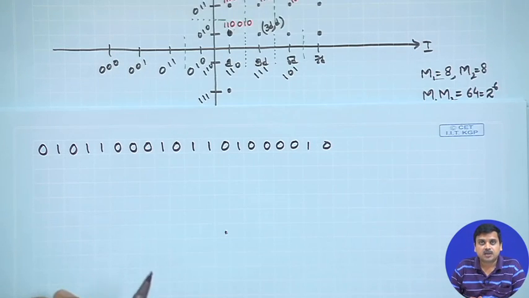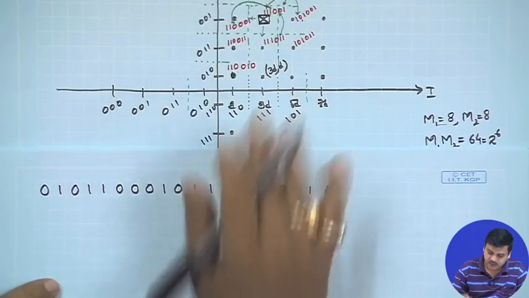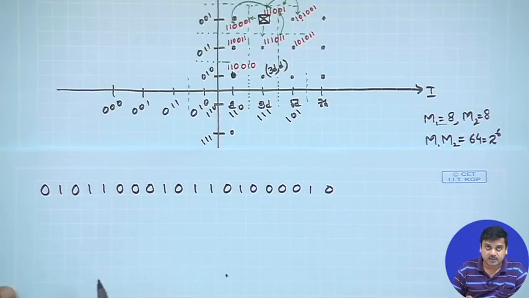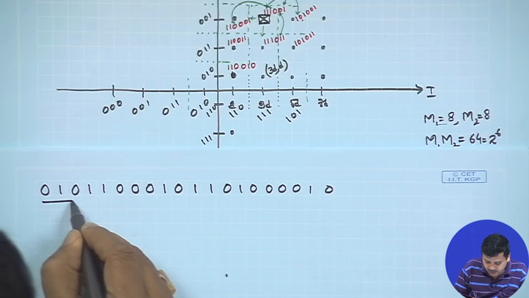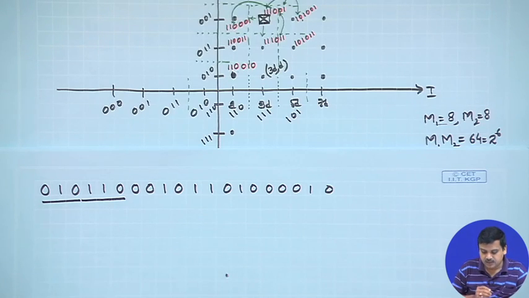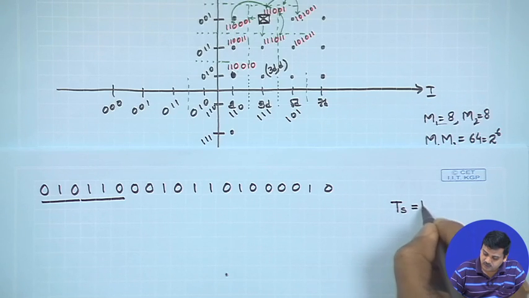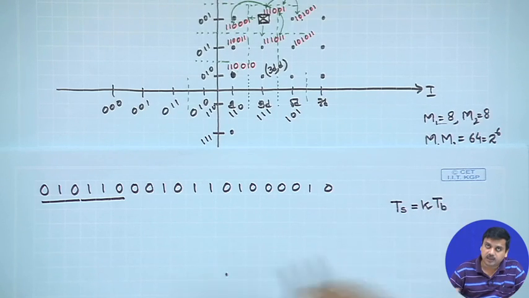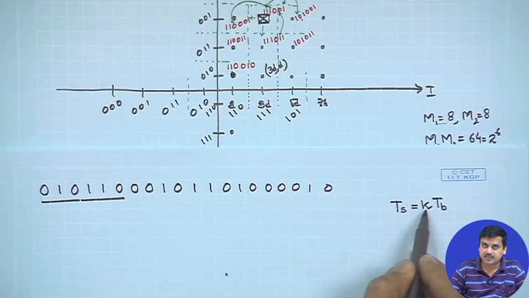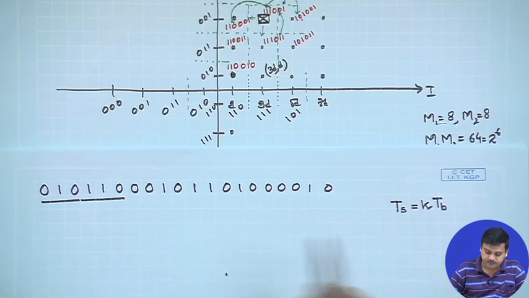So, now the question is how do you do a QAM constellation generation with this. Suppose we have to take this constellation and you have to take 6 bits. So, you can say I would take these 3 plus these 3, that is 6 bits to choose my first symbol. Once again, just to remind you, in this case the symbol duration T s would be equal to k times T b. Here k is 6, that means 6 times the bit duration.